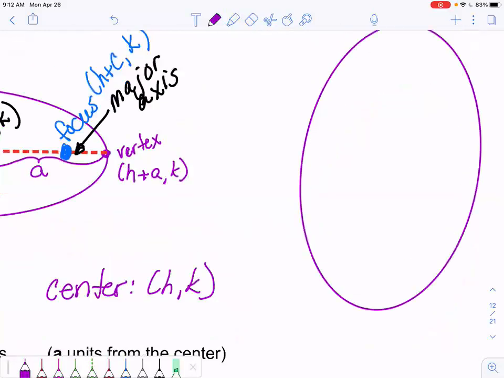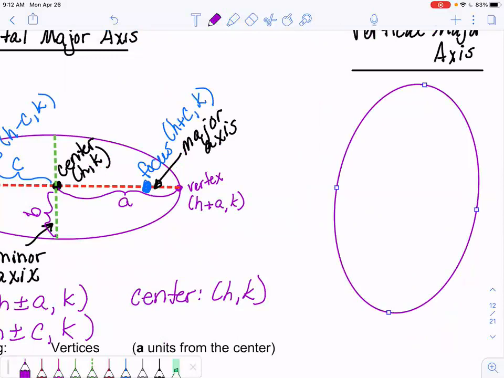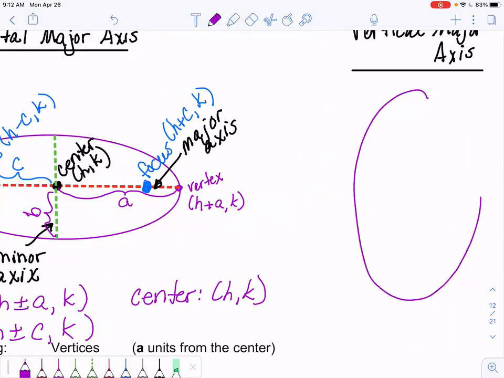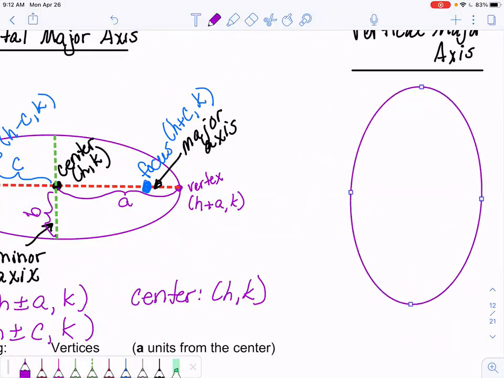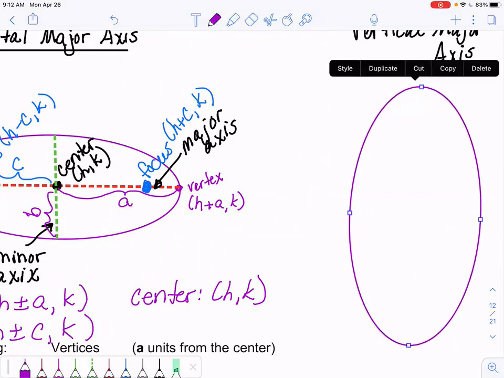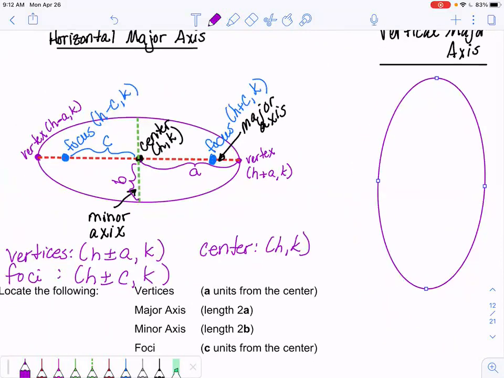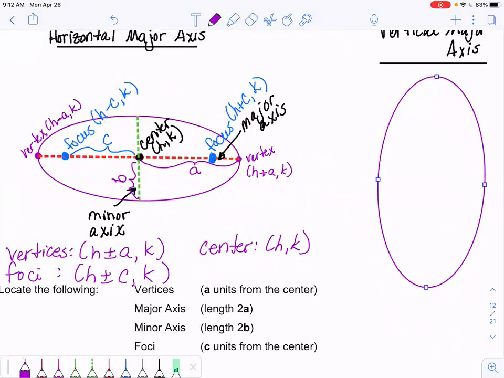It's a little tilted. Here we go. So see if you can try and label the information, except now it's labeled vertically.